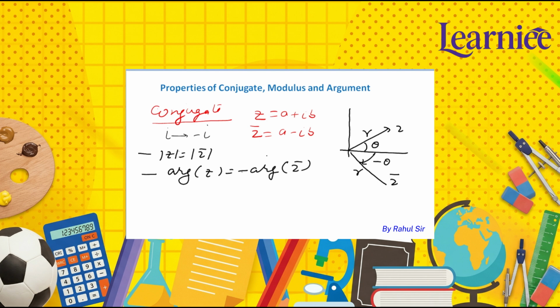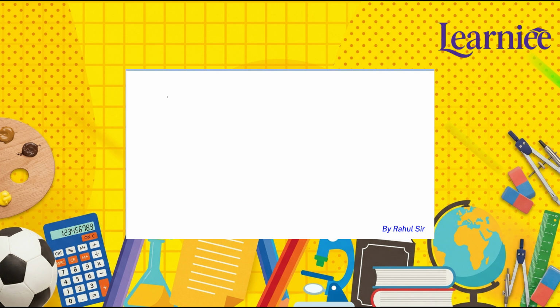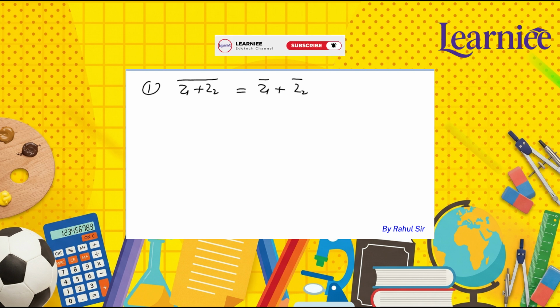Okay, so let's talk about some of the properties of the conjugate. Let's say we have z1 plus z2. If you take the conjugate of z1 plus z2, then it is the same as the sum of the separate conjugates. Similarly, if you take the minus sign, z1 minus z2, then there is also the corresponding conjugate.